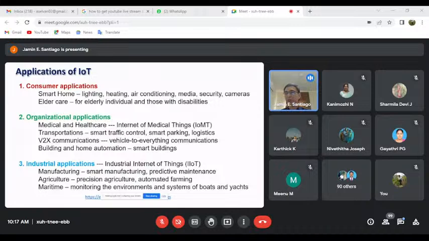And in automated farming, of course, we have heard of the vertical farms, hydroponics, aquaponics, aeroponics. So all of these are automated. There are a lot of Internet of Things devices inside the greenhouse, which monitor water, fertilizer, the pH, the dissolved solids, all of these things, also the light.